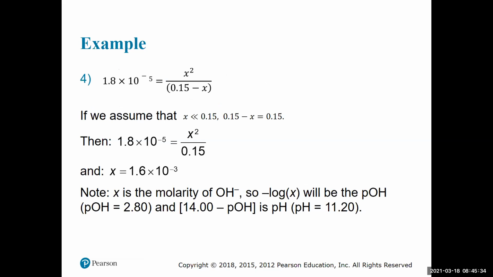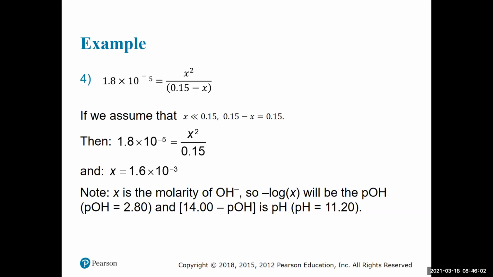And remember, one of the relationships that we learned was pH plus pOH equals 14. So we can leverage that. If we know the total has to be 14, we can subtract this. The pOH value for 1.6 times 10 to the minus 3 is 2.80. So we subtract that 2.80 from 14, and we find that the pH is 11.2.